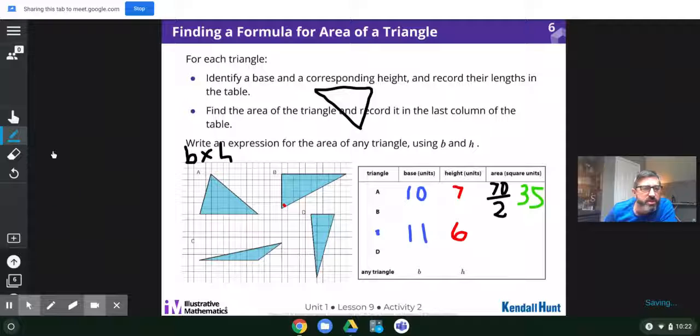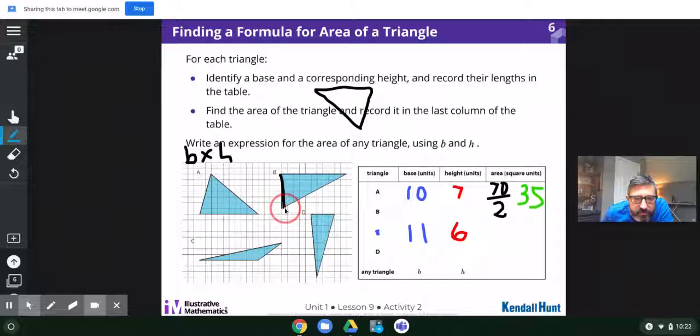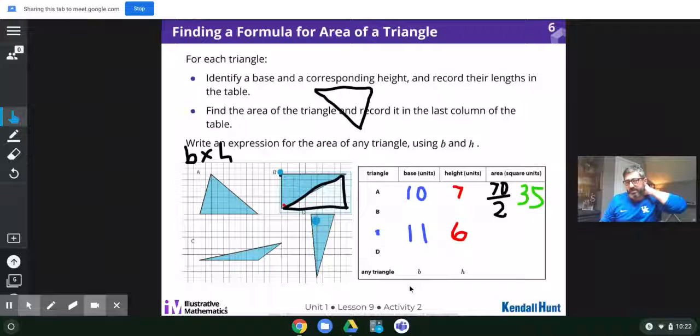So what we've been doing, we've made a copy of the triangle, and then we rotate it to get the area of a parallelogram. So if our base is 11 and our height is 6, what is the area of that parallelogram? 66. 66.